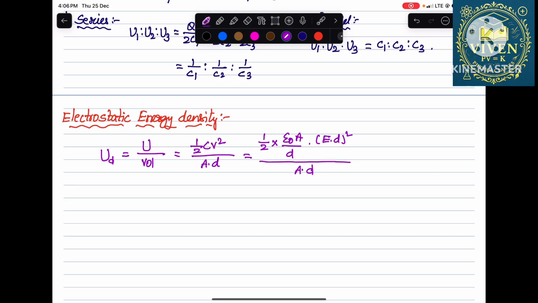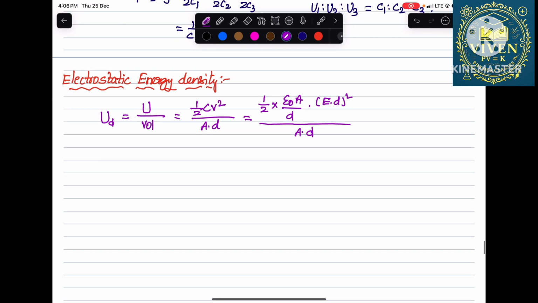Now the area cancels, d square gets cancelled. So electrostatic energy density is equal to half into epsilon naught into E square.